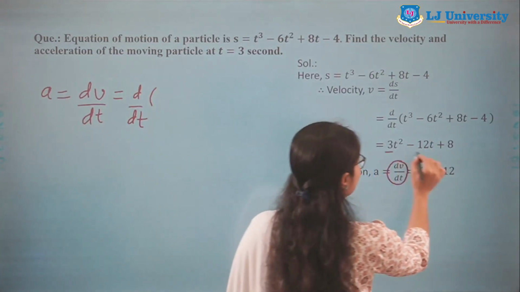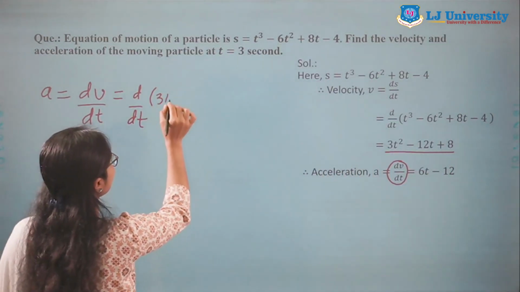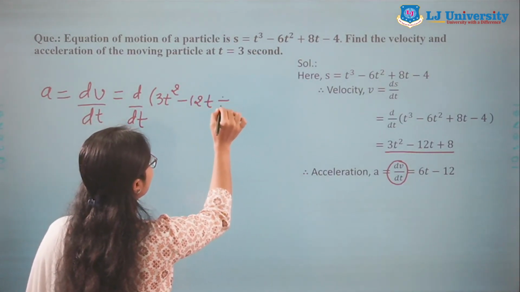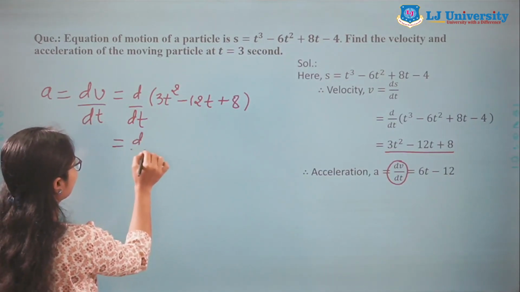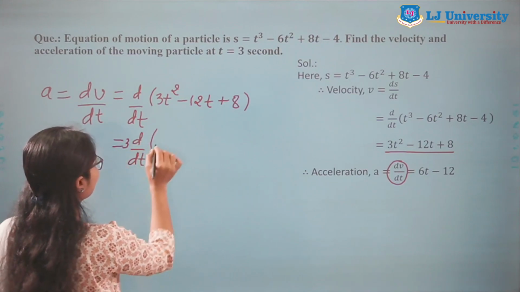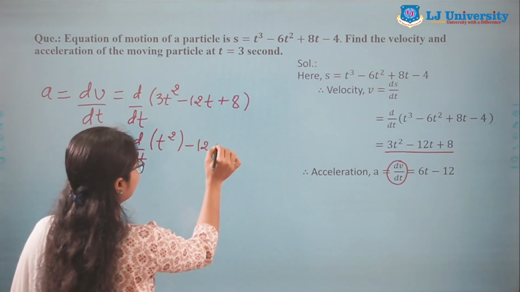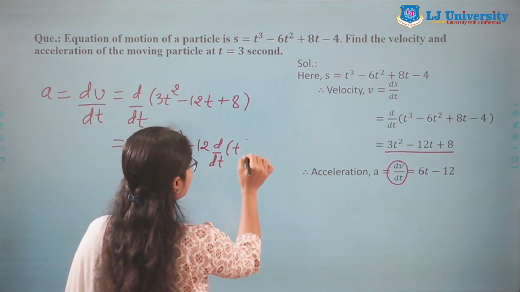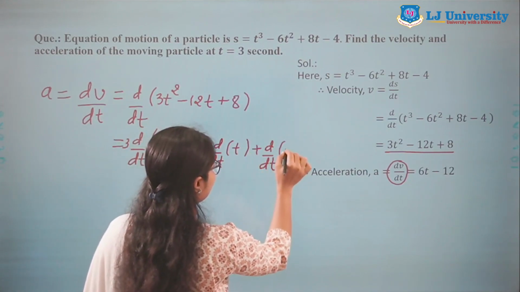Now we have calculated v. What is v here? 3t square minus 12t plus 8, which is d by dt of 3 into d by dt of t square minus 12 into d by dt of t plus d by dt of 8.